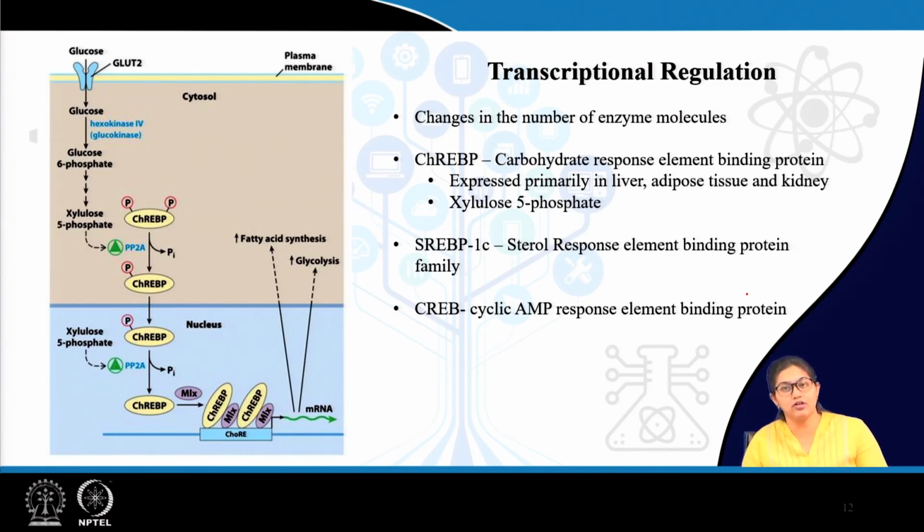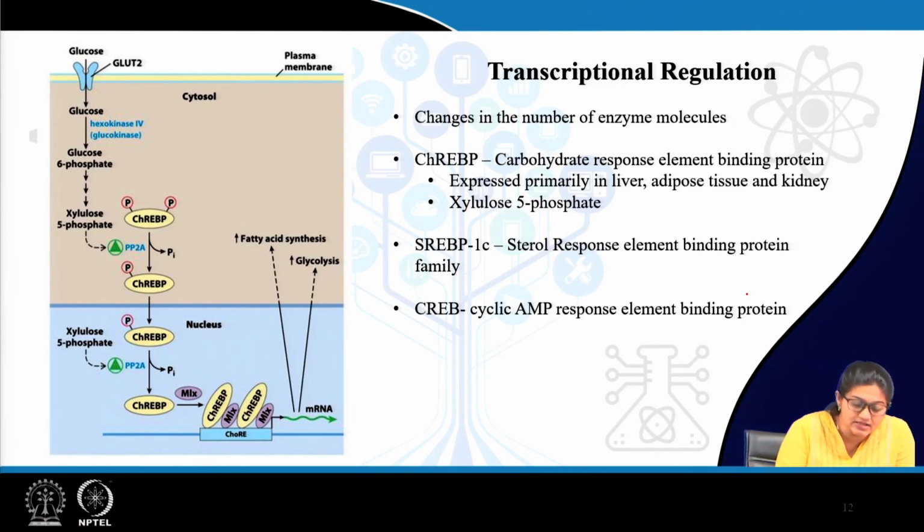Now, in long term regulation, definitely, on requirement there is more synthesis of enzymes. There are different transcription factors which signal for synthesis of different enzymes of glycolysis and gluconeogenesis.